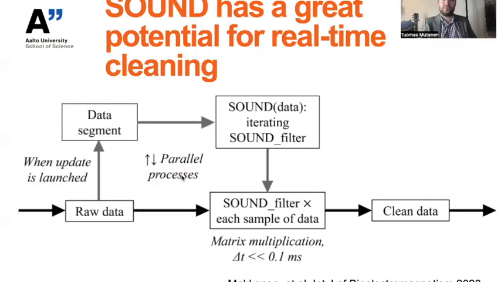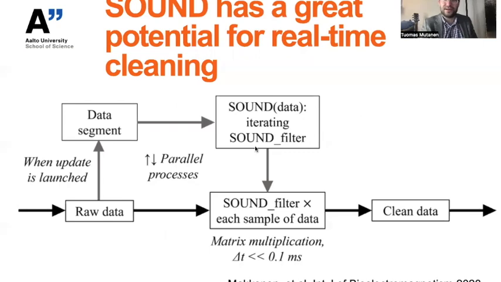And the cool thing about the SOUND approach is that, again, because it is such a simple spatial filter in the end, you can actually quite easily take this approach and try to use it in different applications. And in recent years, we have been testing this method for real-time cleaning purposes. So the idea is that in a parallel process, we read data to a buffer, which we use then to estimate this noise cancellation spatial filter, the SOUND filter.